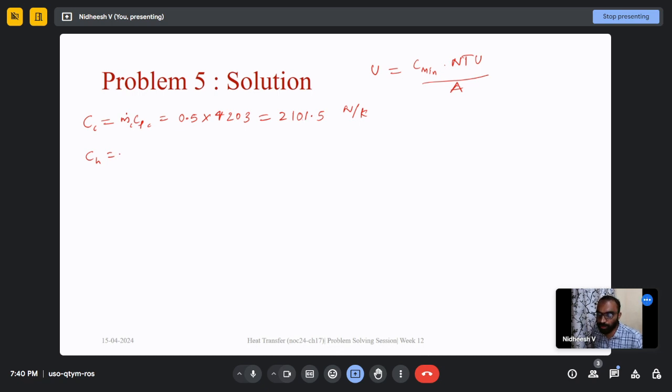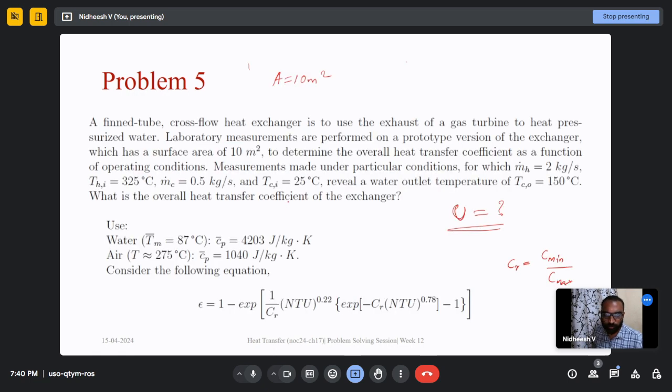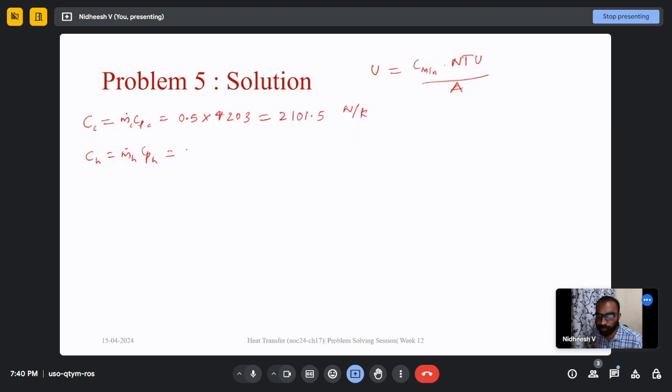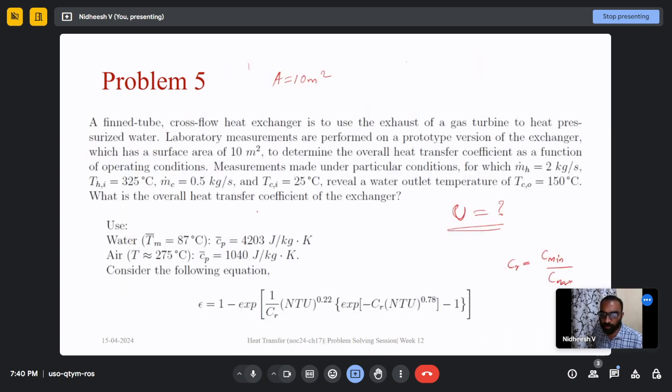Similarly, the heat capacity C for the hot fluid will be the mass flow rate of hot fluid times Cp for the hot fluid, that is 2 kilograms per second multiplied by, the hot fluid is air, for which Cp is 1040 joules per kilogram Kelvin.